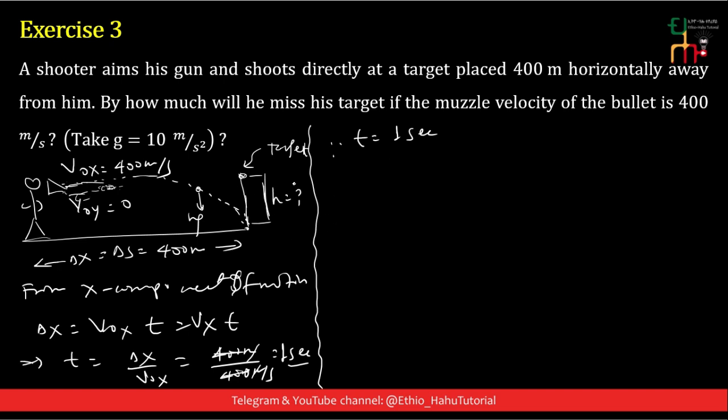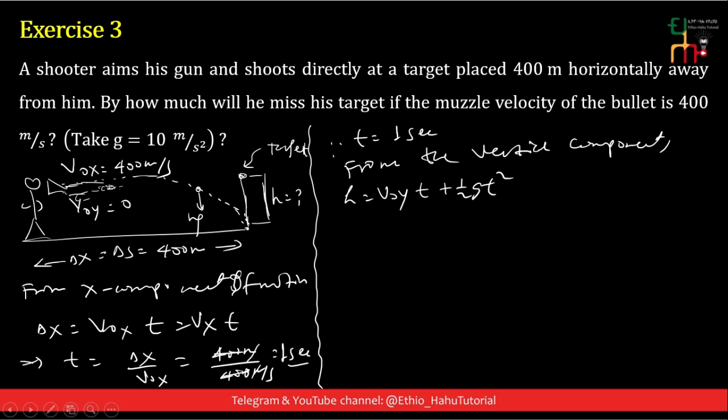With this 1 second, we can find the vertical height that the bullet misses the target. This can be obtained from the vertical motion, from the vertical component. H is equal to v naught y times t plus half g t square. v naught y is 0.